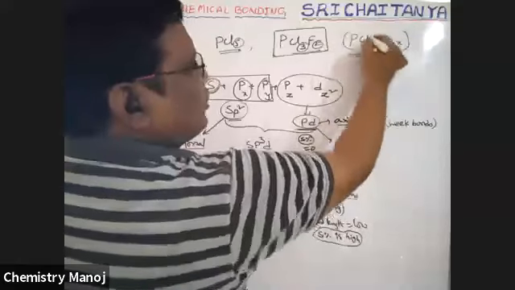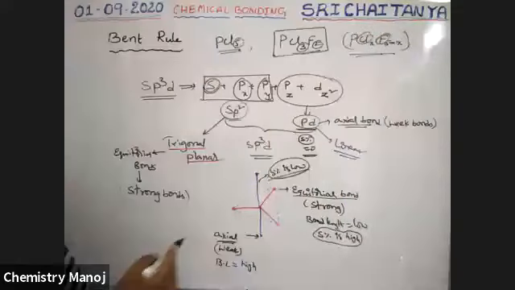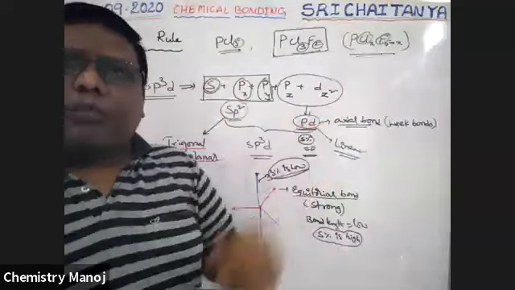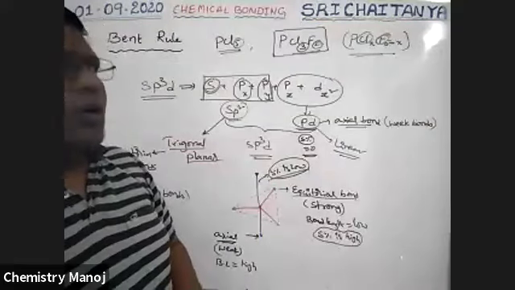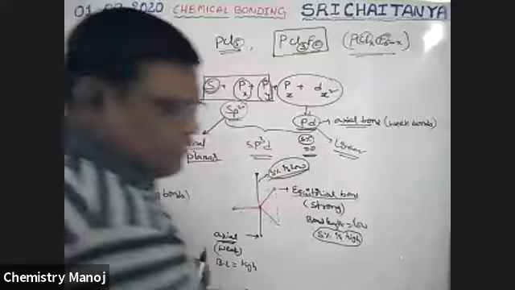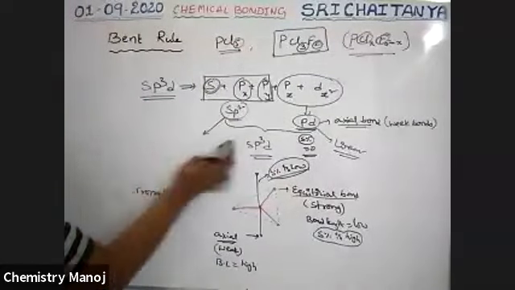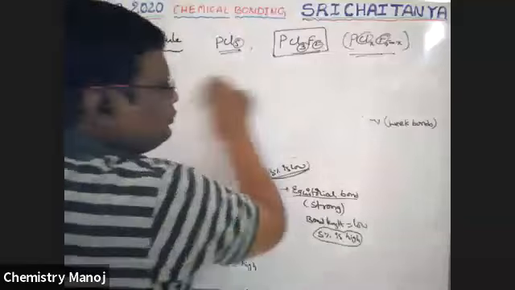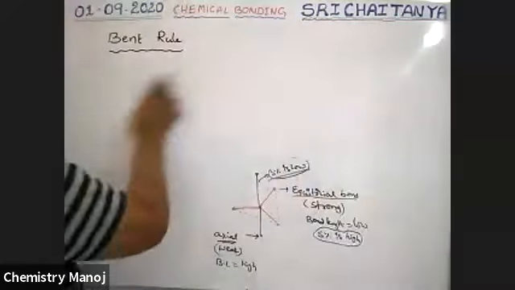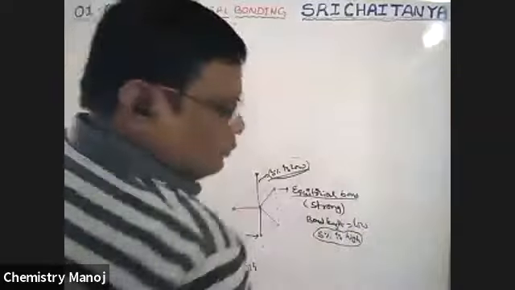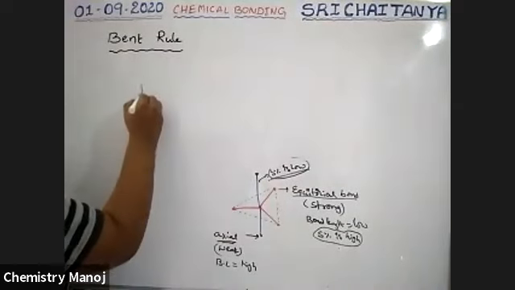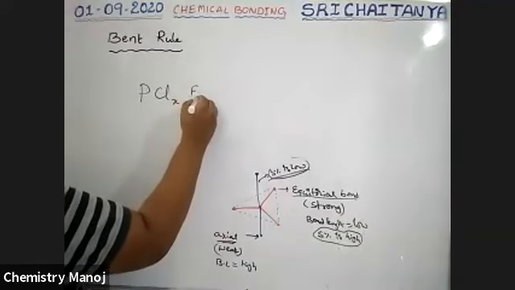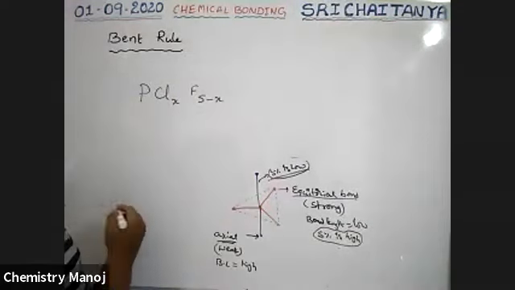In this type of molecules, different halogen atoms are there. These are called phosphorus fluorochloro compounds. See here: phosphorus, chlorine x times, fluorine 5 minus x times.